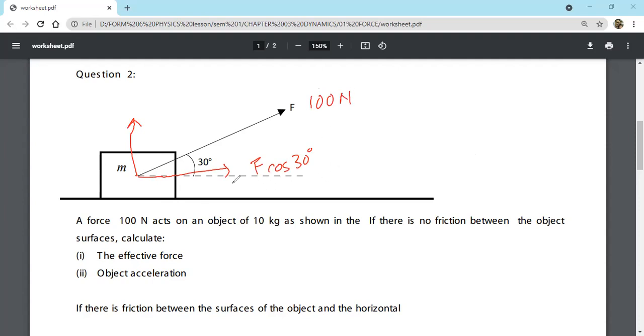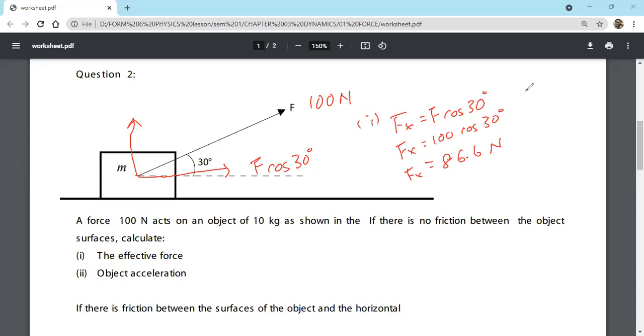So in the X component, Fx is equal to F cos 30. So Fx is equal to 100 cos 30. How much is 100 cos 30? That will be equal to 86.6 Newton. That is Fx, the effective force.